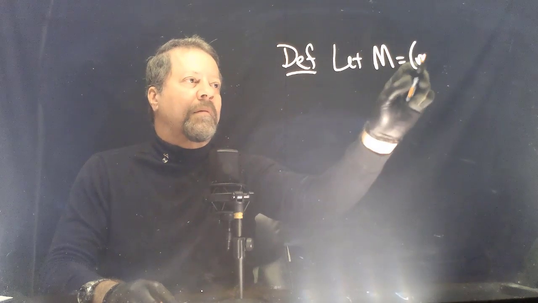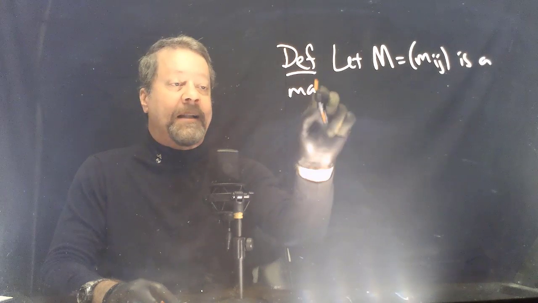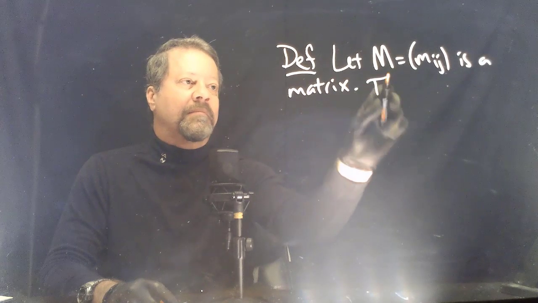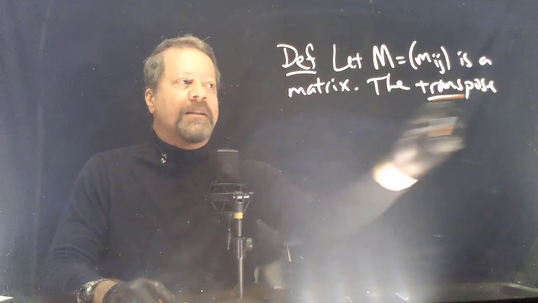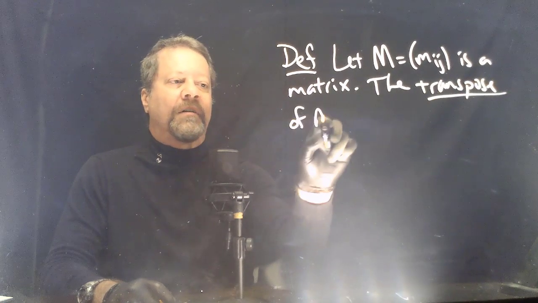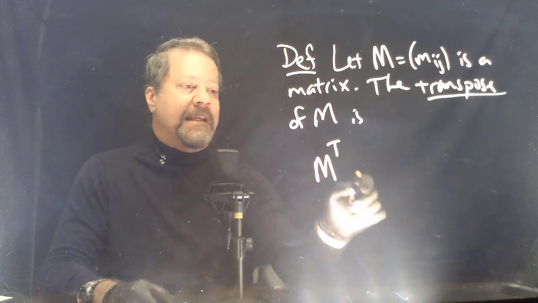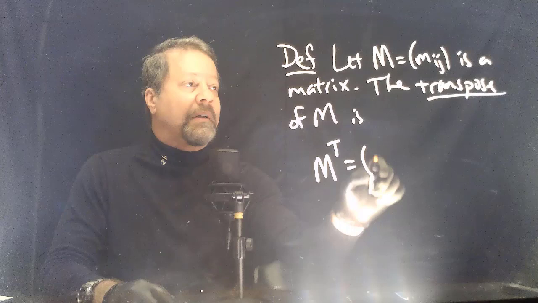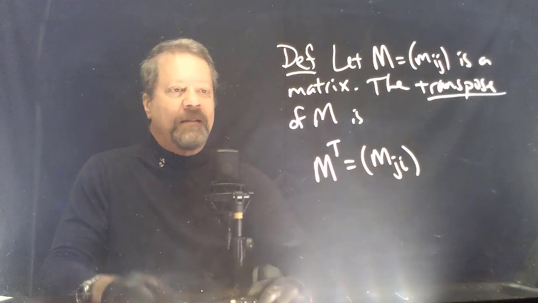Suppose we have M, and it is a matrix. The transpose of M is denoted by M with the superscript T for transpose, and is obtained by reversing the order of the i and j. What does that mean?